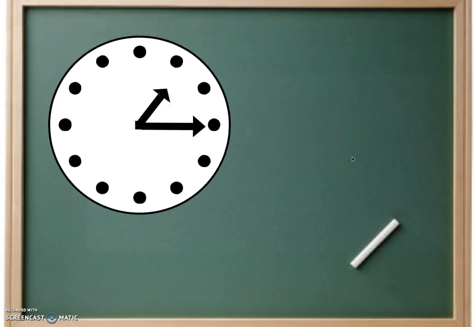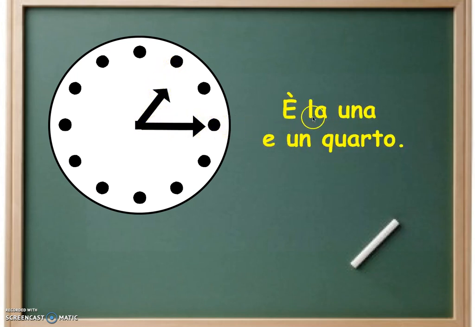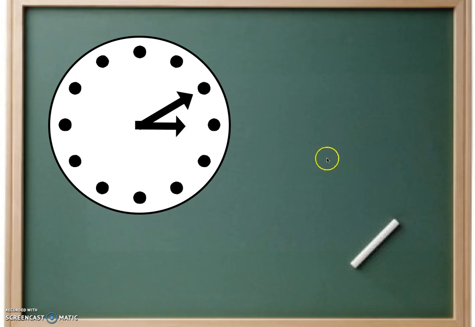The next one. This is pointing to my 1. This is pointing to the 15 mark. È la 1:15. Remember, we don't use sono le, we would use è la 1 because it's 1. È un quarto, it is 1:15.